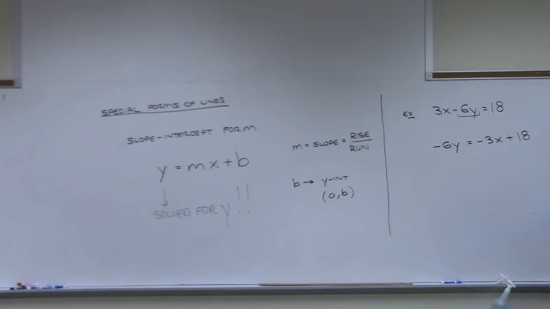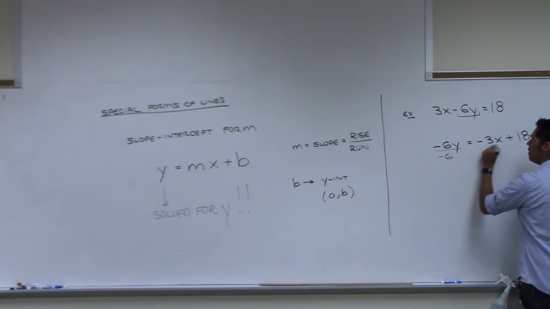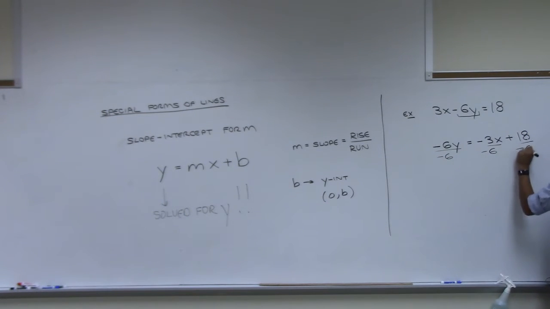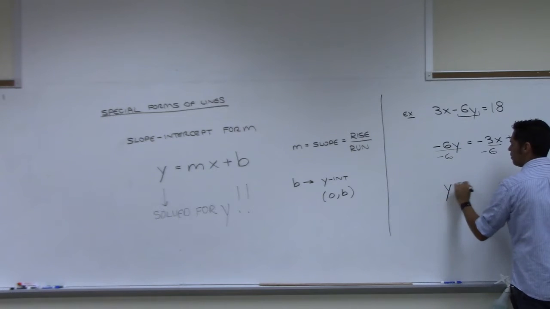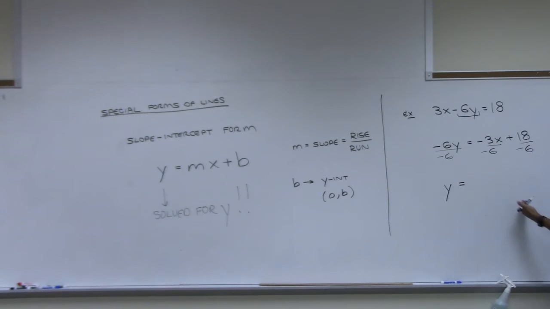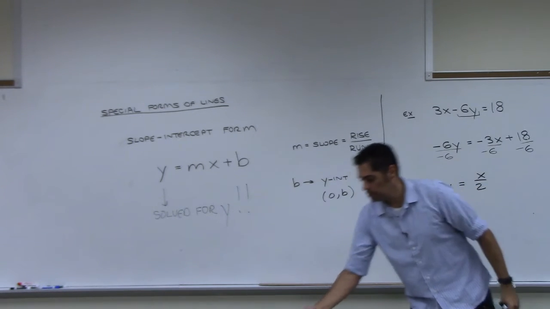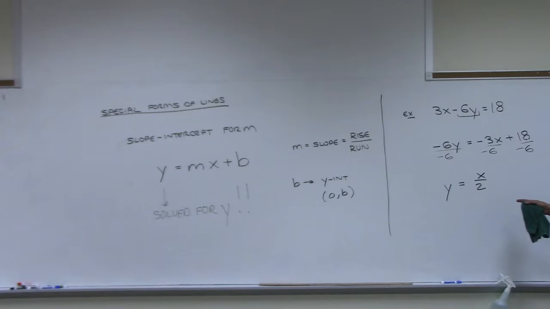Divide both sides by negative 6. So divide by negative 6, divide by negative 6, divide by negative 6, and you get y equals, what's this right here? 1/2, right? Now, you could write this 1/2 this way, but I'm not going to. We want to get away from this sort of notation.